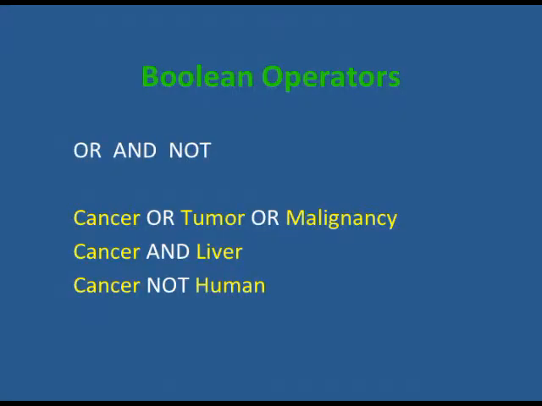When you have more than one word, you need to combine them. When you combine them, you use grammar. You use a lot of operators. Some of the operators that we use are Boolean operators, and we also use adjacency operators, because the order in which the words occur sometimes can change the meaning.